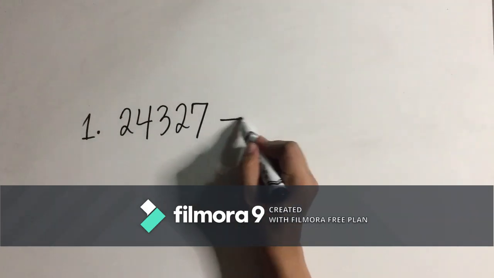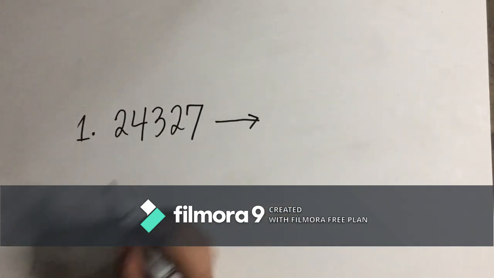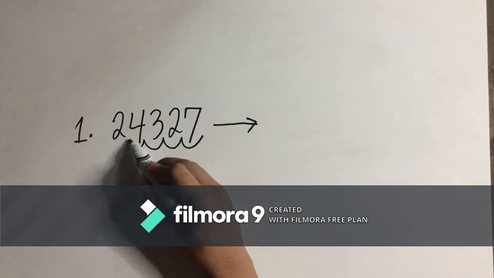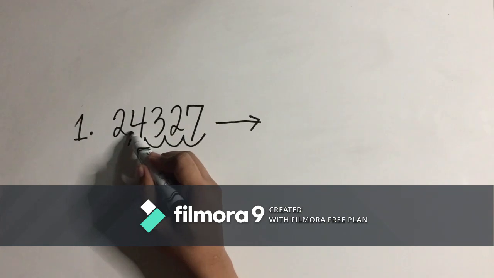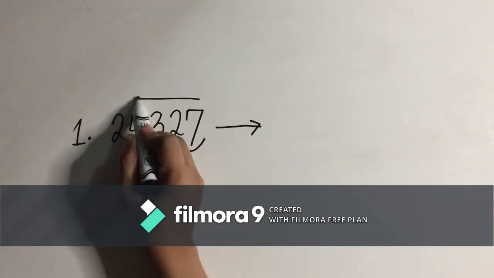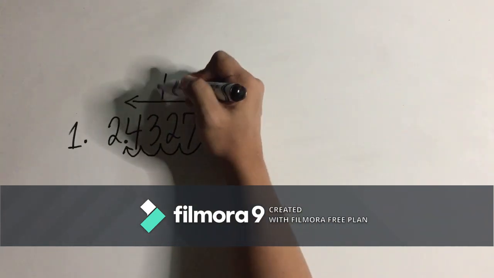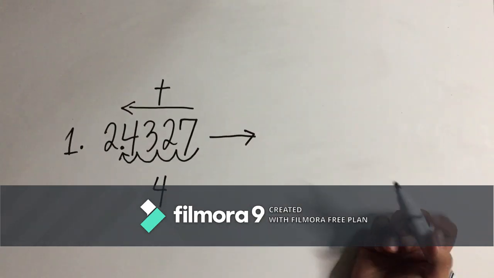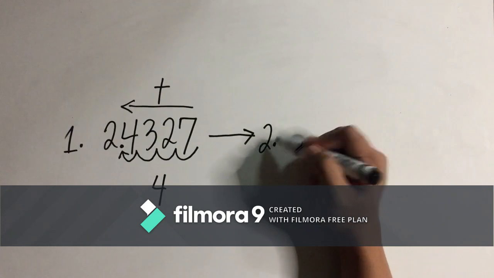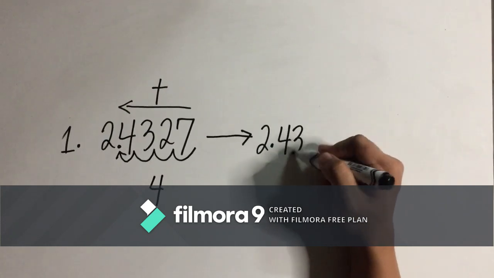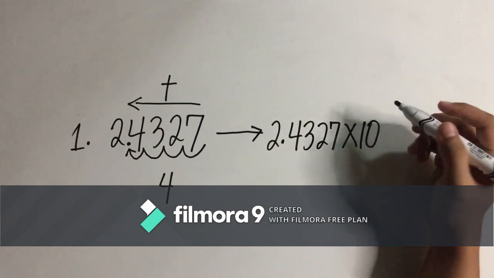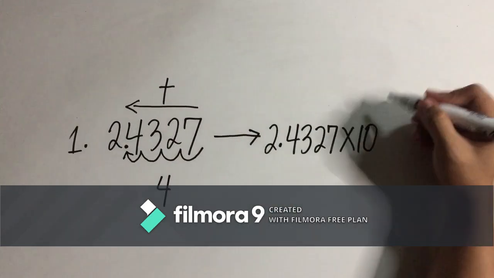We have to make it into scientific notation. The decimal point moves from right going to left, and we have to place the decimal point between the numbers 2 and 4. The movement indicates a positive integer. We have 4 movements. So putting it all together, we have 2.4327 times 10 raised to positive 4.